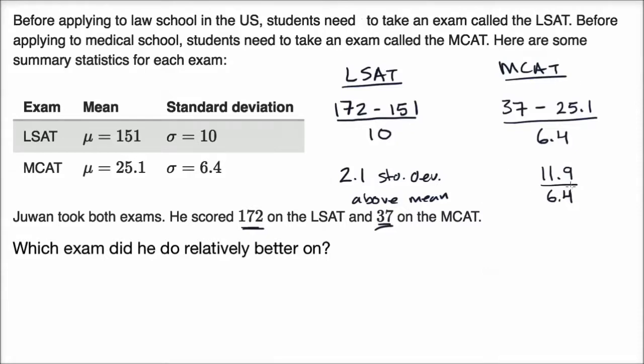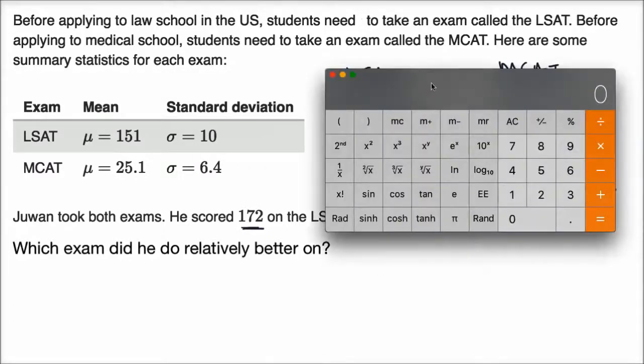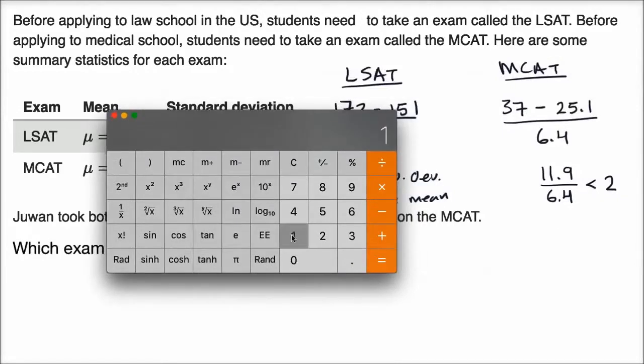So without even looking at this, this is going to be a little bit less than 2. So based on this information, and we could figure out the exact number here. In fact, let me get my calculator out. So if we do 11.9 divided by 6.4, that's going to get us to approximately 1.86.